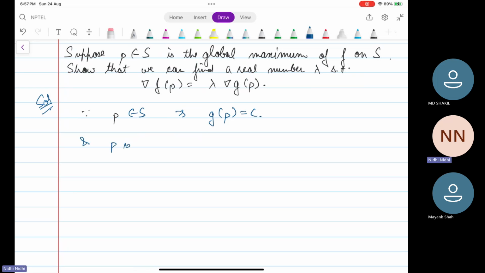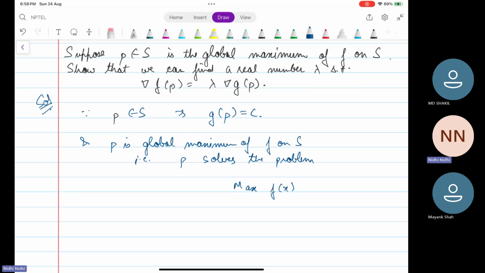And P is the global maximum of f on S. That means P solves the constrained maximization problem: maximize the function f(x) subject to g(x) minus c equal to 0.